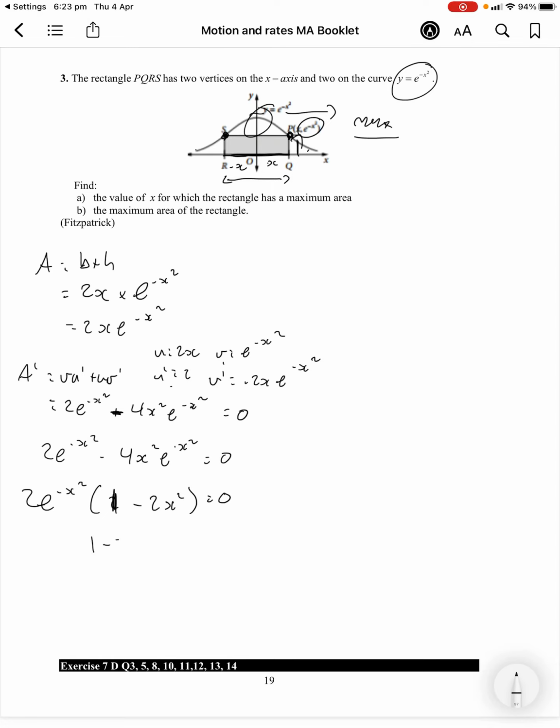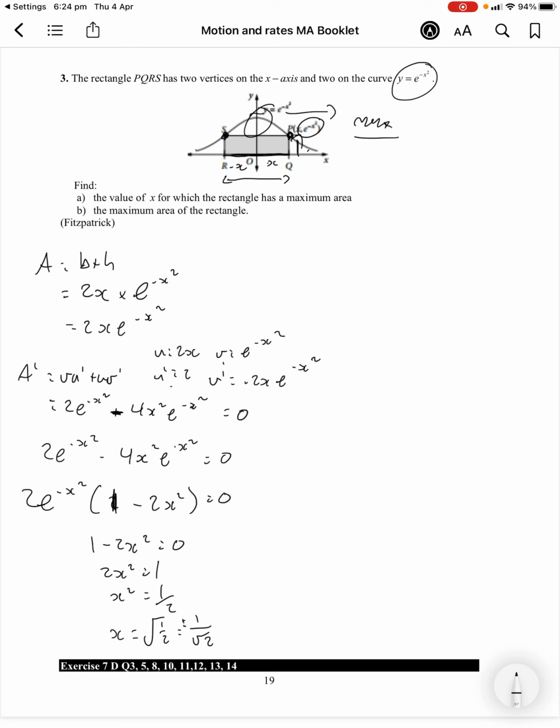Let's solve this. 1 minus 2x squared equals 0. Add 2x squared to both sides, divide by 2, and square root both sides, which gives x equals 1 over root 2. And it's plus or minus as well.